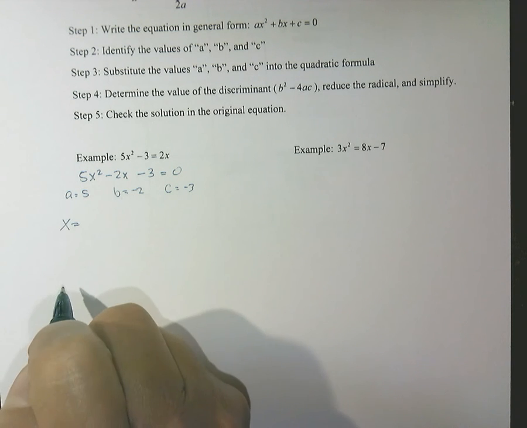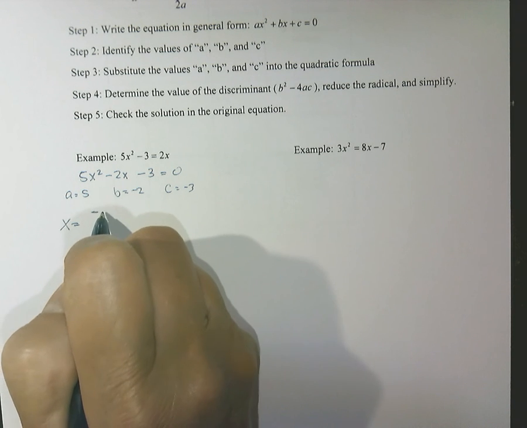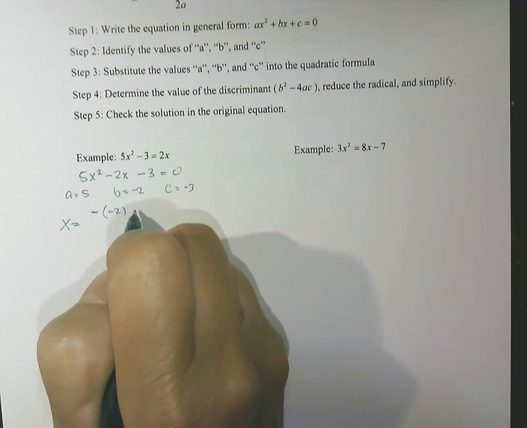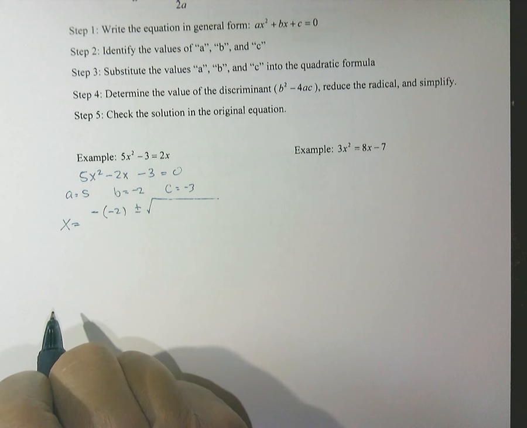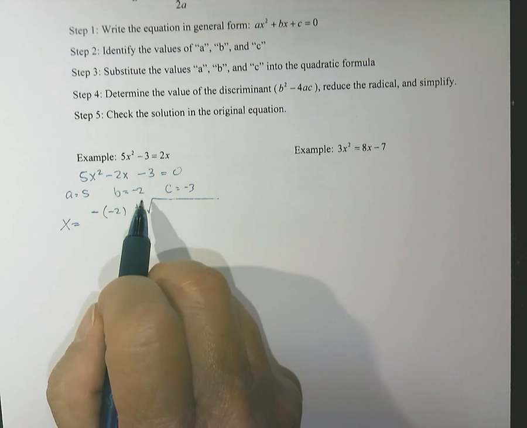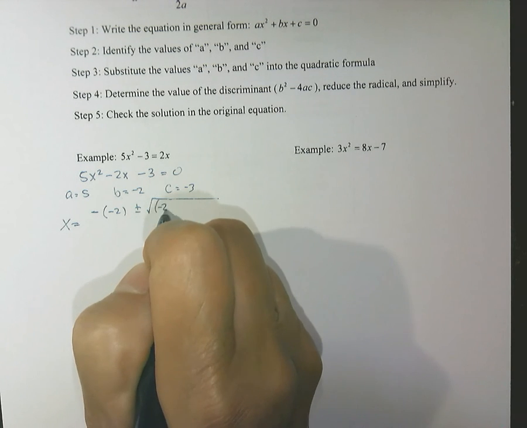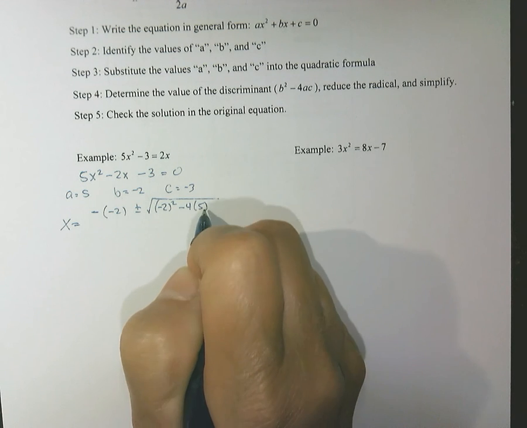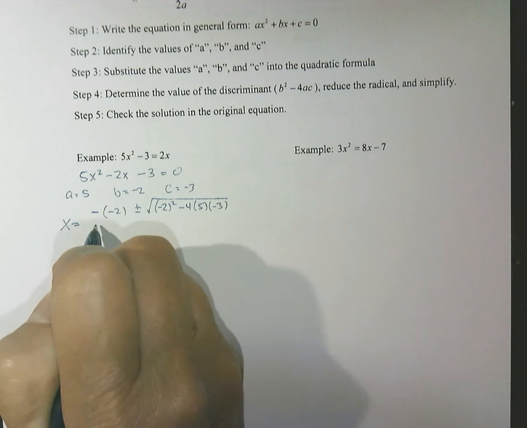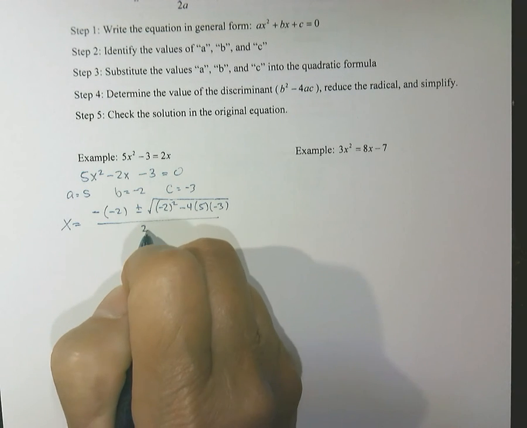So when I plug everything into the formula, I've got negative b, so negative negative 2, plus or minus. And notice I'm using parentheses, so I don't make mistakes. b squared will be negative 2 squared, minus 4 multiplied by a multiplied by c, all over 2 times 5.